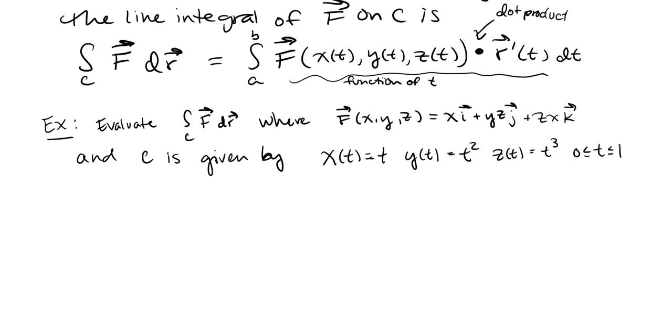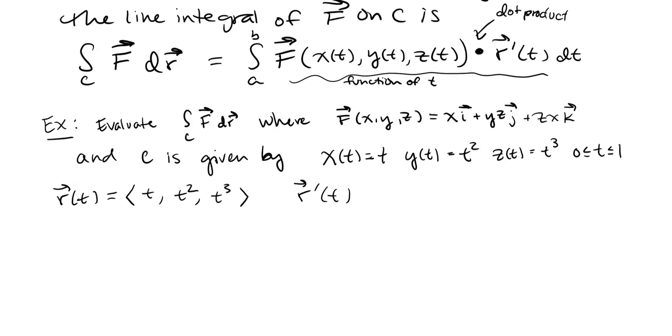So just to write that in a different way, we talked about that up top as being this curve r. If we write that in component form rather than parametric equations, my x component is t, y is t squared, and z is t cubed. Notice up top, we're going to need the derivative of that.